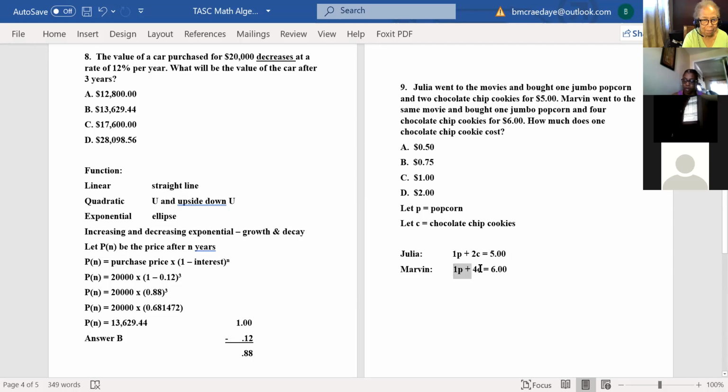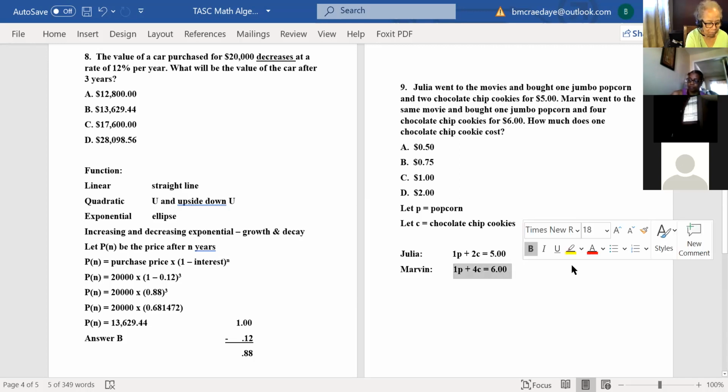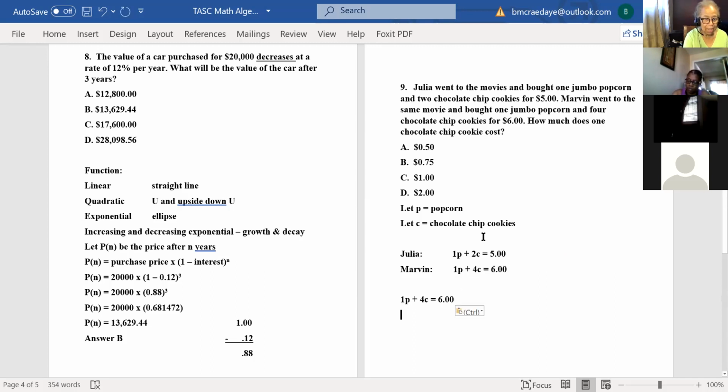So let's just take Marvin's and put it here. We're going to subtract from Marvin. Let's put his, and then we're going to subtract Julia's from that. Let's put that underneath this, and we're going to draw a line. This is a subtraction.